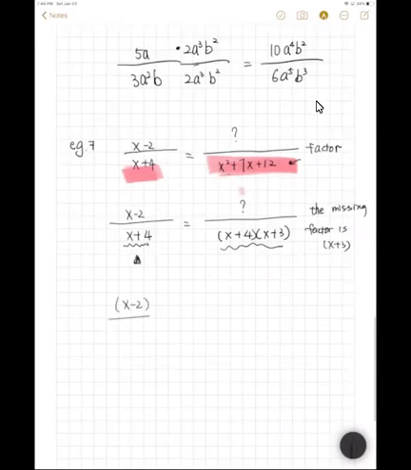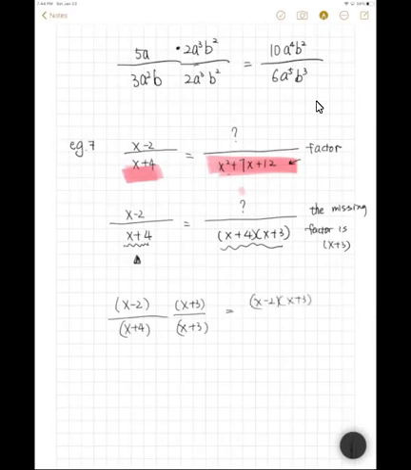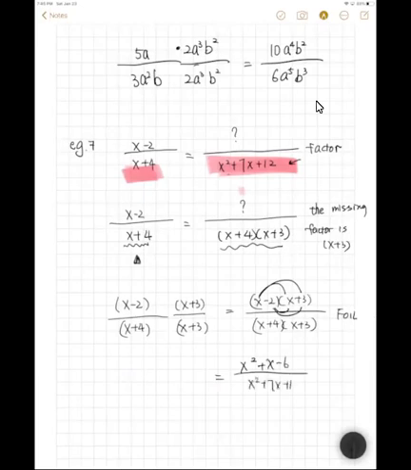So we will end up with x minus 2 times x plus 3 over x plus 4 times x plus 3. Now we simplify it by FOIL. Then we have x squared plus x minus 6 over x squared plus 7x plus 12.